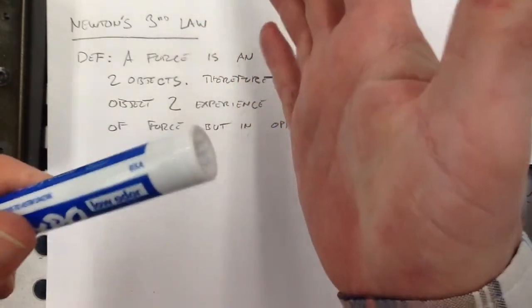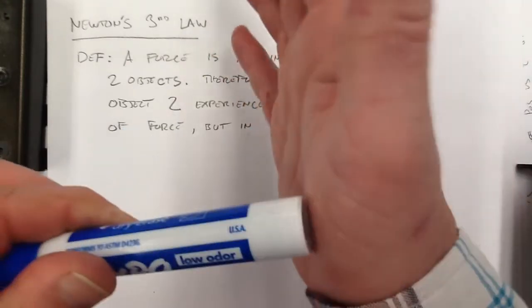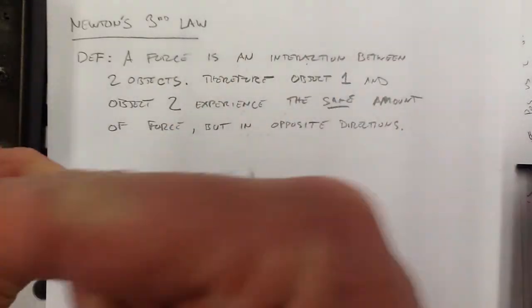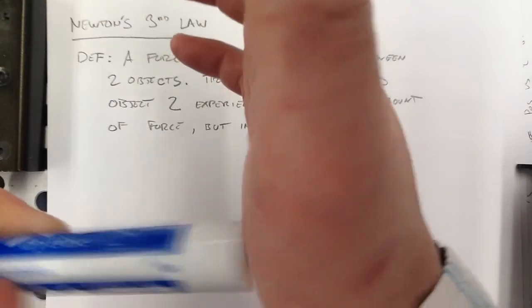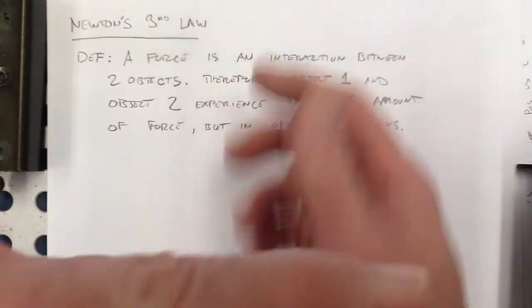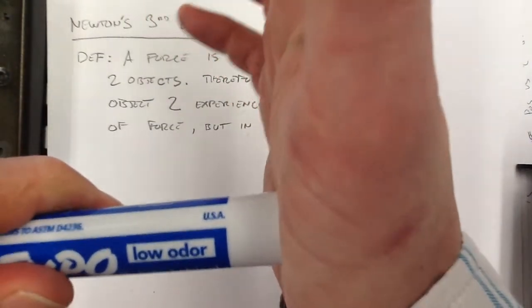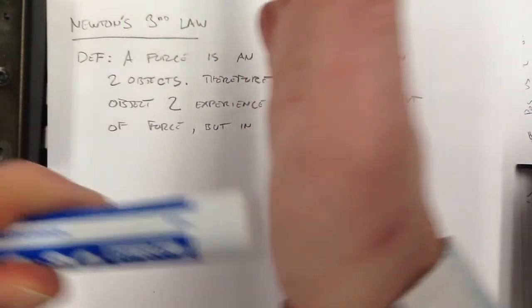So how much force is there? Well, I don't know what number. I don't know how to put a number on that right now, but I do know that the marker is experiencing a force this way from my hand on marker, and my hand is experiencing a force this way from the marker. And whatever that number is, when we can finally put a number on it someday, it's exactly the same number. It can't be different.